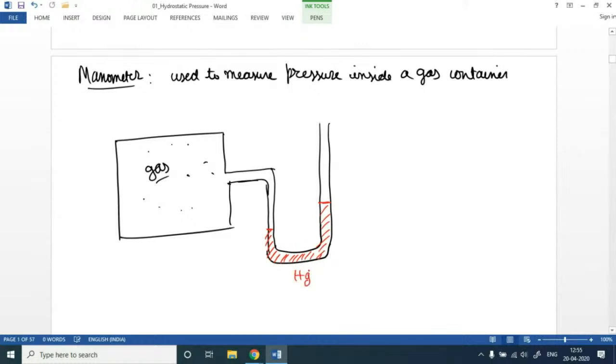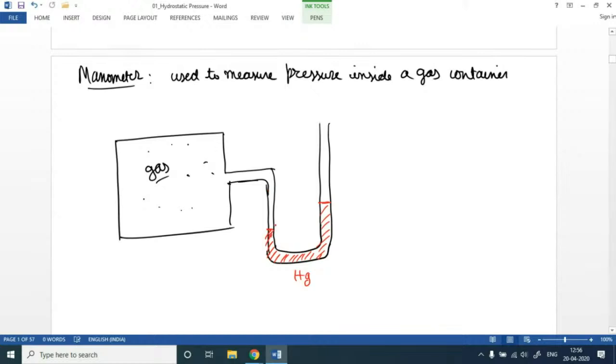Now what will happen? Since this manometer tube has two limbs, there would be some length of mercury column in each limb. If one of the limbs is not connected with the gas, then on both sides it would be the atmosphere pressing, with the same pressure on both sides. In that case, the length of mercury column in both limbs of this U tube, or manometer tube, is going to be equal.